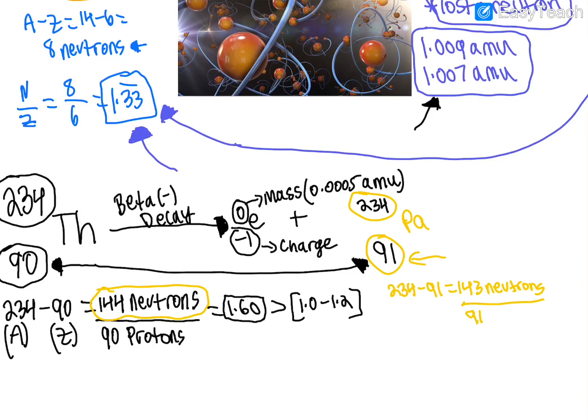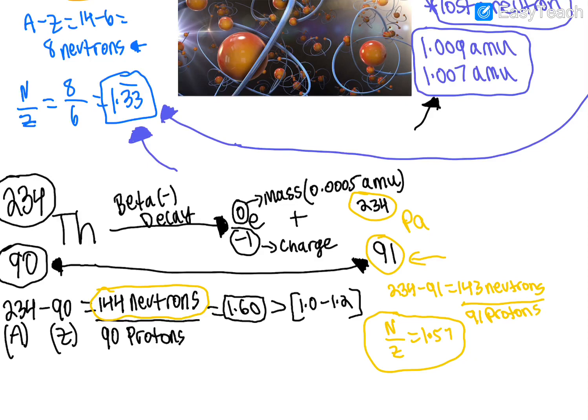And remember, the protons and neutrons make up the nucleons. I talked about that in my mass defect video. So we have 143 neutrons and 91 protons. If you divide that, you'll find that the neutron to proton ratio is about 1.57. So right away we see that the nucleus of protactinium-234 is still not stable.